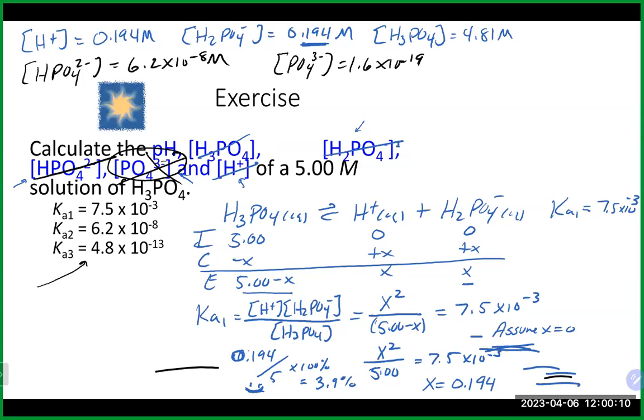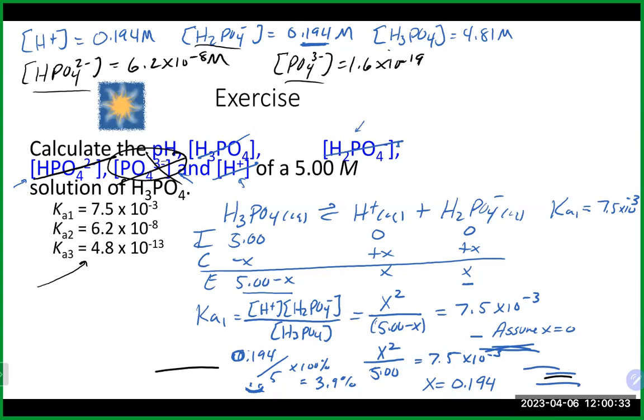Again, the only reason we really had to do step number 2 and the third step was because we were interested in the concentrations of all these other things along the way. So we had to go through each of those steps to get to those. But if it was just a straight question of what is the pH of the solution, we could have done the first ICE table, calculated the pH based off of that, and it would have been fine in that case.